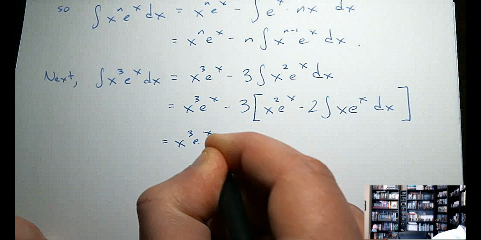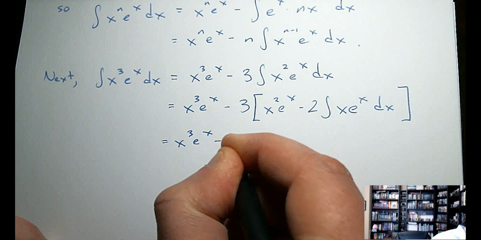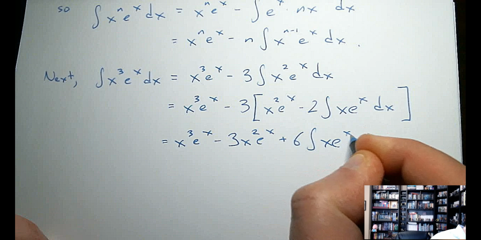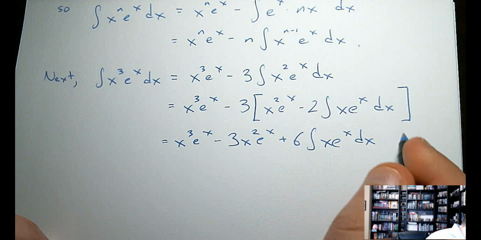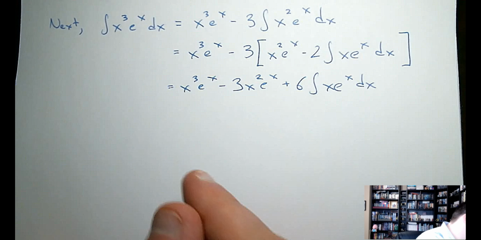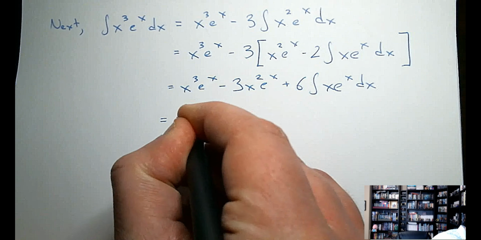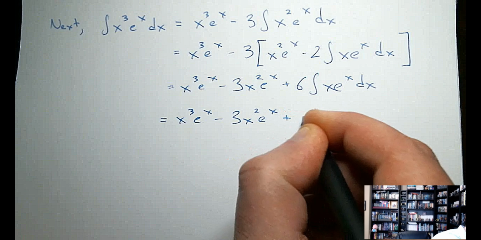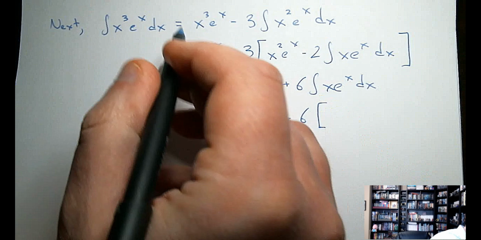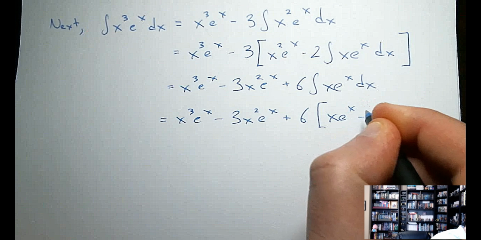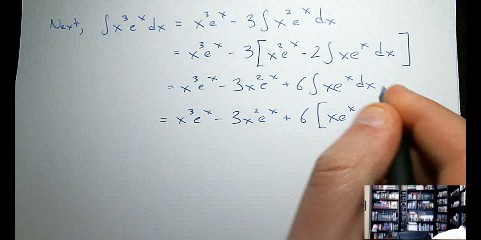So that's x cubed e to the x minus 3 times x squared e to the x plus 6 times the integral of x times e to the x. And then using the reduction formula with n equal to 1, we're going to get x cubed e to the x minus 3x squared e to the x plus 6 times x to the power of 1 times e to the x minus 1 times the integral.